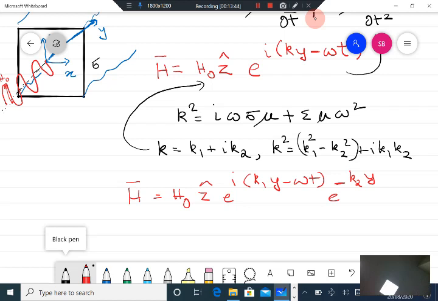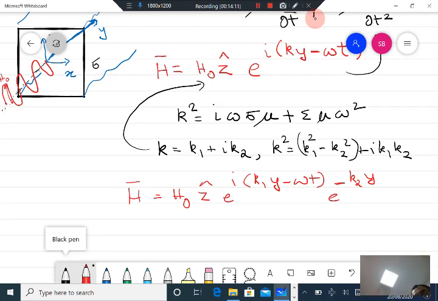gives rise to an exponentially damped nature of the wave. So the moment the wave impinges on the metal surface, it is going to get exponentially damped inside the surface, and the distance up to which the wave is going to get damped inside the metal is something that you already know. It goes by the name of a skin depth.